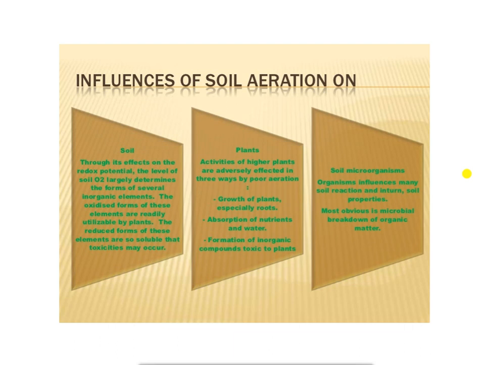Activities of higher plants are adversely affected in three ways by poor aeration. Then the next important influencing factor is soil microorganisms. The organisms influence many soil reactions and in turn soil properties, which has a great influence on soil aeration.